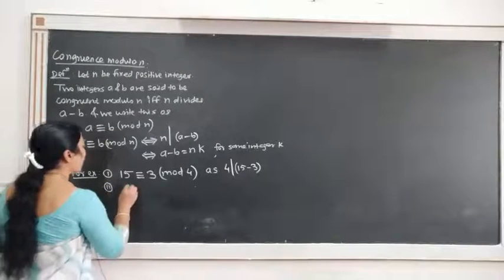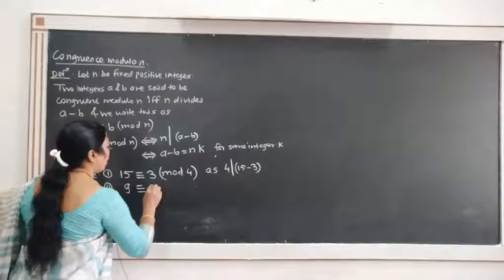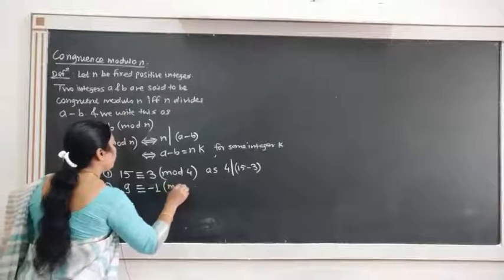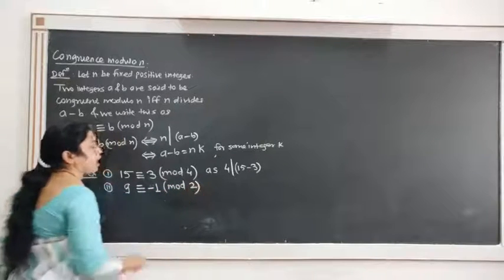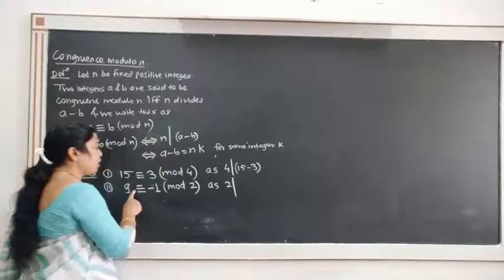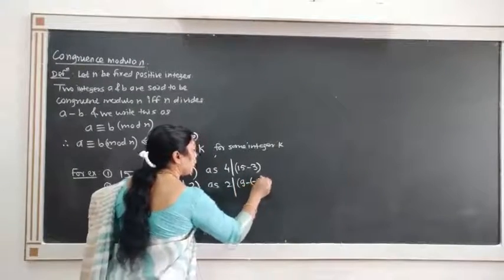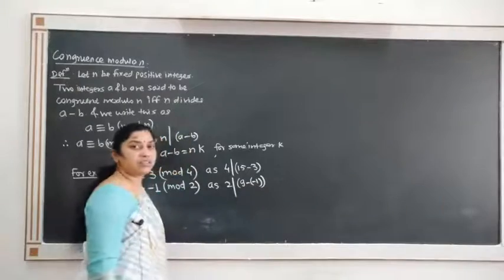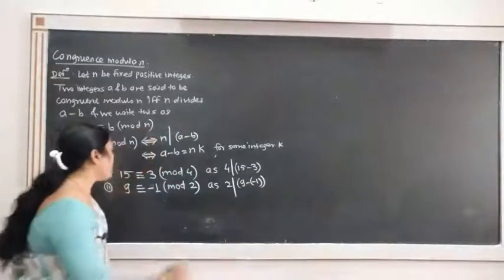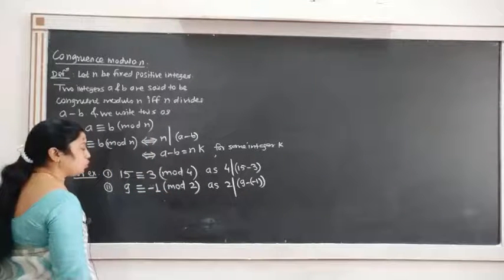Or we can say that 9 is congruent to minus 1 modulo 2, as 2 divides 9 minus minus 1. 9 minus minus 1 is 9 plus 1, 10, and we know that 2 divides 10. So obviously 9 is congruent to minus 1 modulo 2.